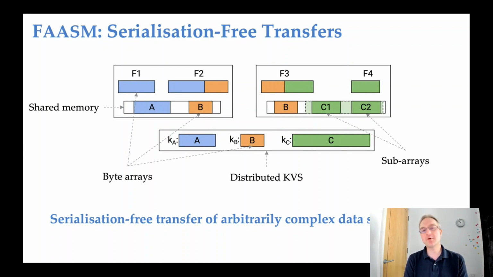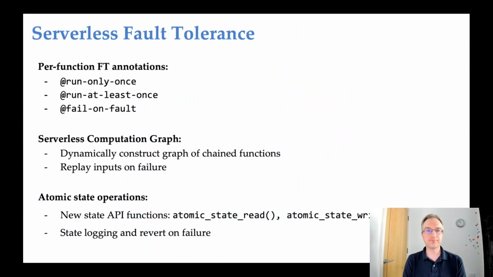This is an important requirement when we want to take existing code, for example in the genomics use case, because we want to use the data structures that have already been implemented and simply make them accessible to Faaslets when we deploy this use case using CloudButton. There are also mechanisms for fault tolerance here. We can, for example, annotate functions to express the fault tolerance requirements, and these are then hints to the underlying runtime to ensure that, for example, functions are restarted after they have failed.